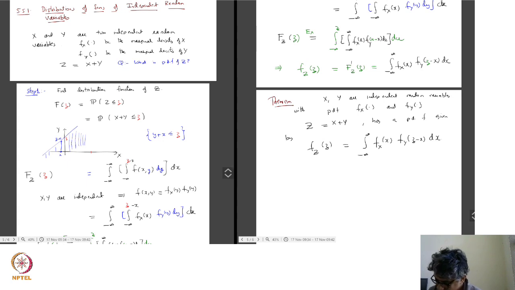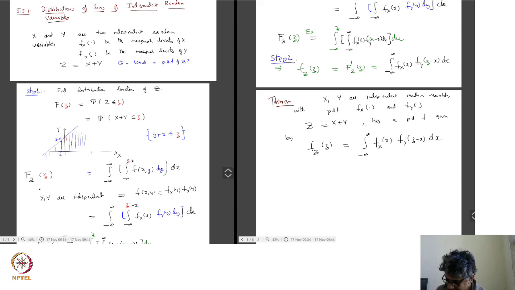Step 1, I would find the distribution function of Z. Step 2, I would differentiate and find the density function of that. So for the distribution function, you have to look at the chance that Z is less than or equal to z. That's the same as X plus Y less than or equal to z. But that's just assuming that X and Y belong to the region R. The region is the blue region.